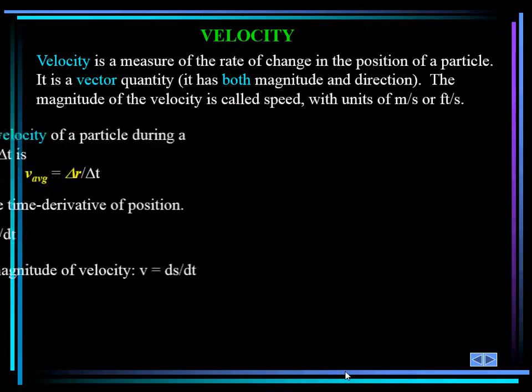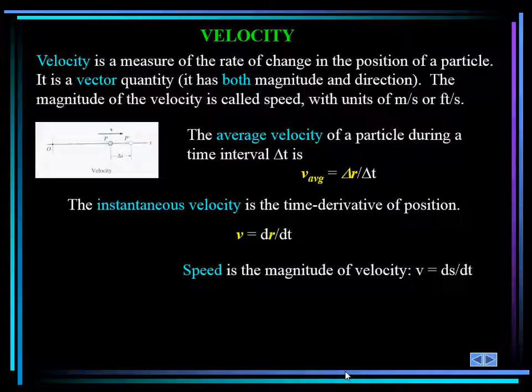The velocity in this case we could define as the change of the position vector as a function of time. This is defined as the average velocity. The instantaneous velocity is the derivative of the position vector.